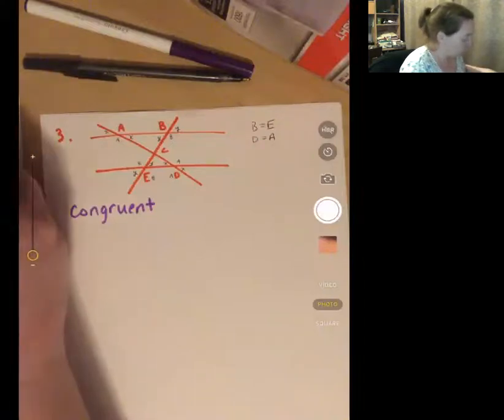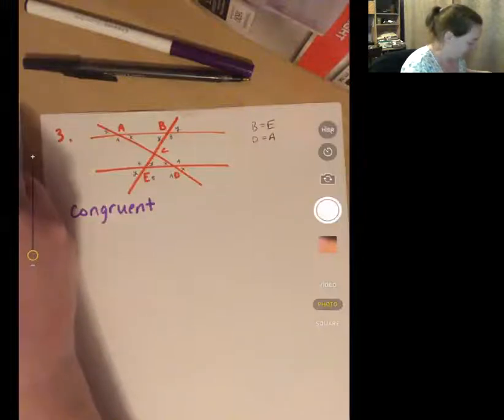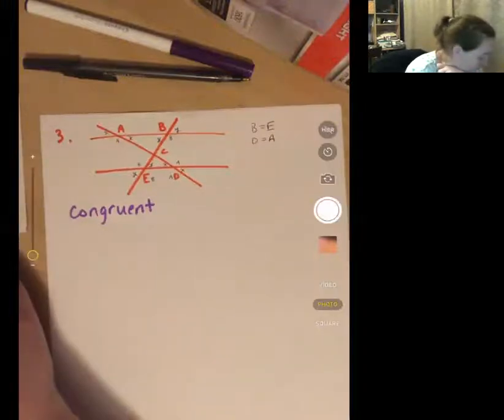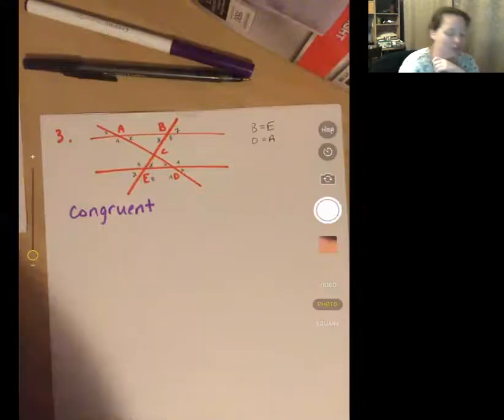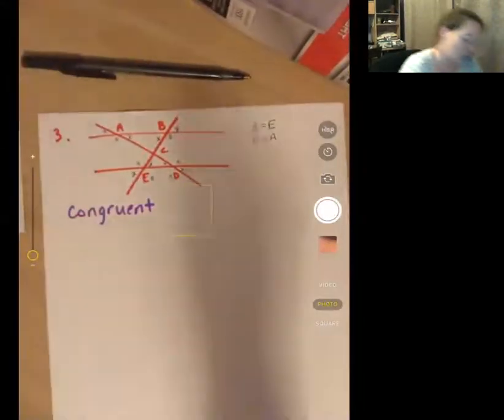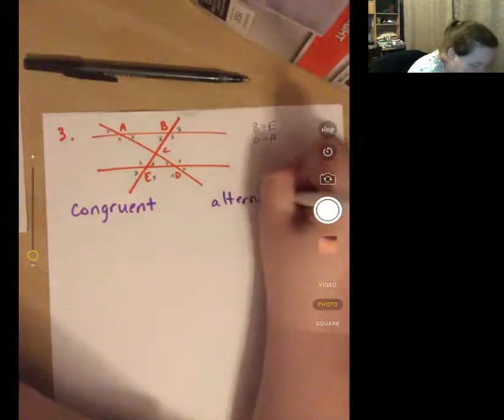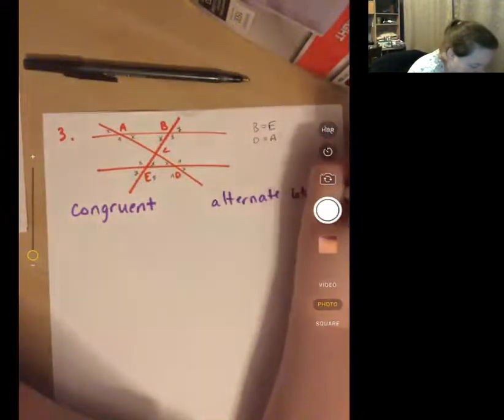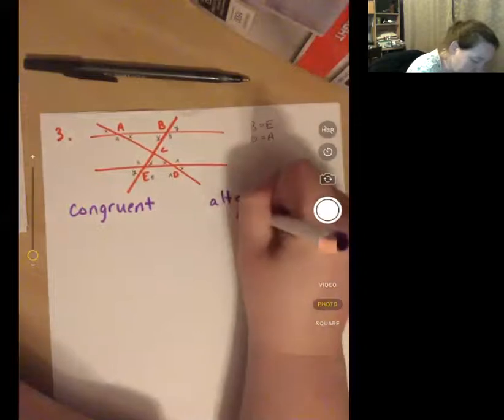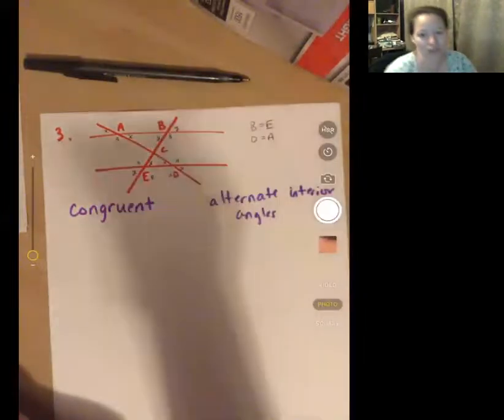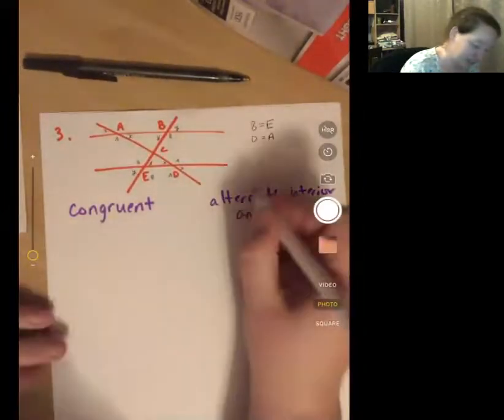We had a word for that, which we were using. What were we using? Alternate interior angles. Okay. Since they are alternate interior angles. That was the word that we were using. That was how we were saying that.